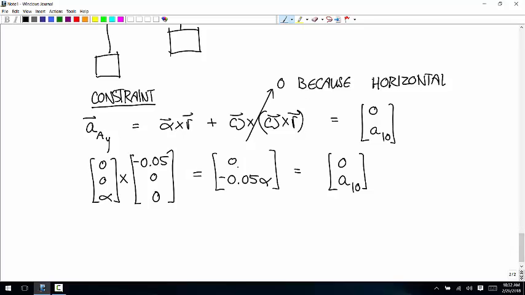So our fourth equation says that 20 A10 plus alpha is equal to 0. That's just a reformatting of that y equation.